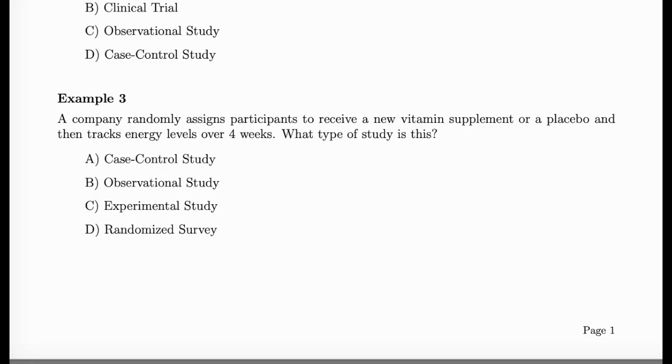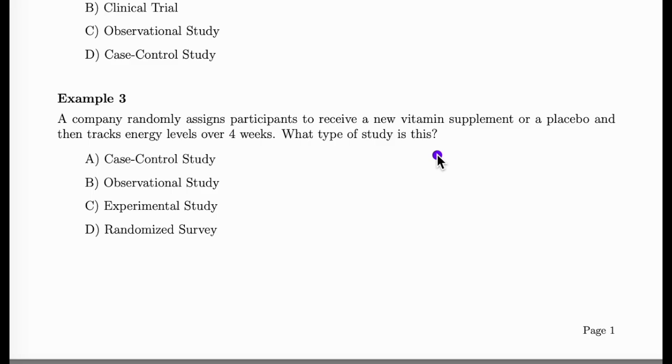Now let's shift to a situation where researchers actively assign a treatment to participants, but it's not in a medical setting. So looking at example 3, a company randomly assigns participants to receive a new vitamin supplement or a placebo and then tracks energy levels over 4 weeks. What type of study is this? This is clearly an experimental study because researchers are assigning treatments and tracking outcomes, and they're trying to influence the results.